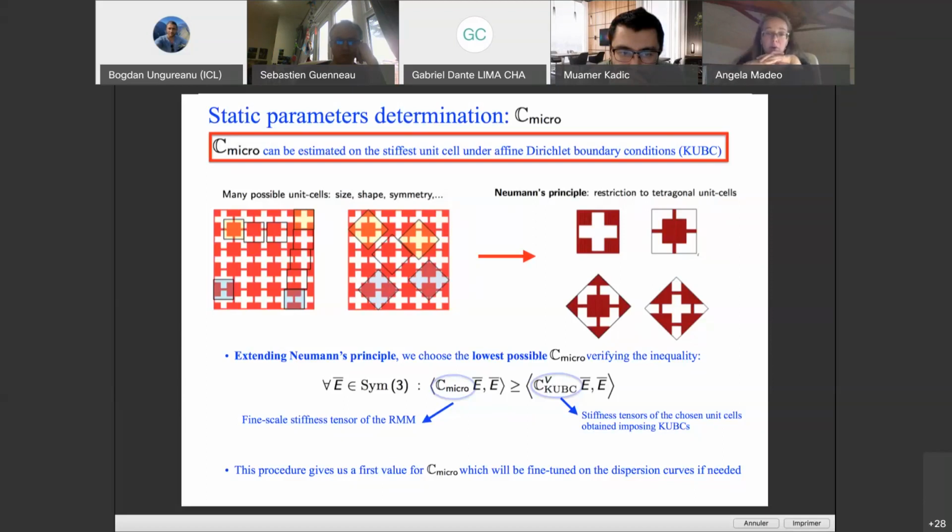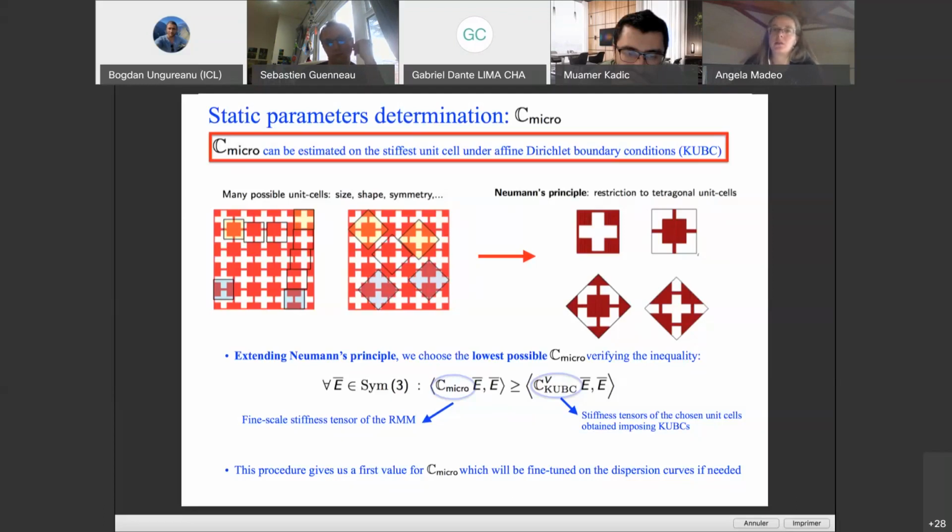And at that point, we enforced this inequality. We want in some measure to find the C micro, which is greater or equal to this C^KUBC, which is the stiffness tensor, the elasticity tensor associated to each of these cells when imposing kinematically uniform boundary conditions.